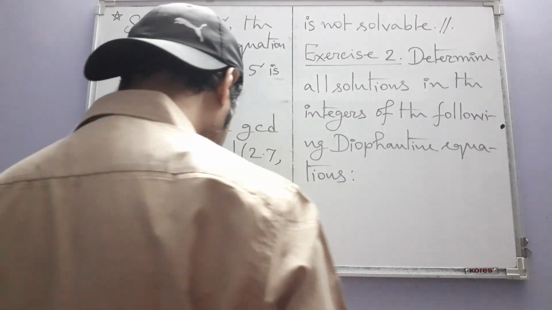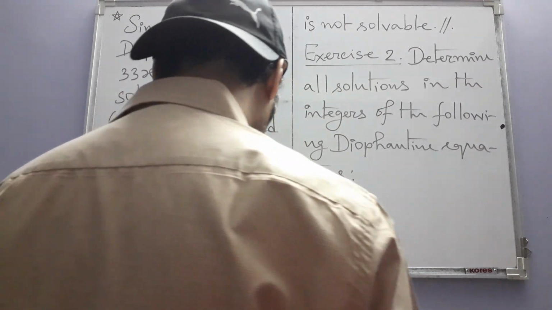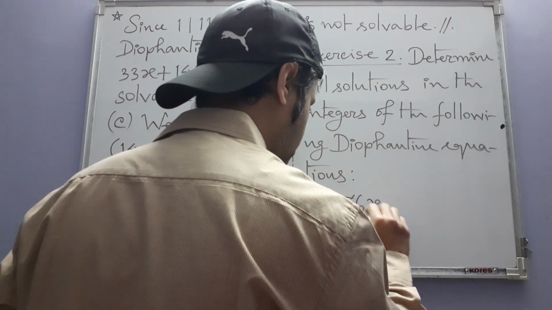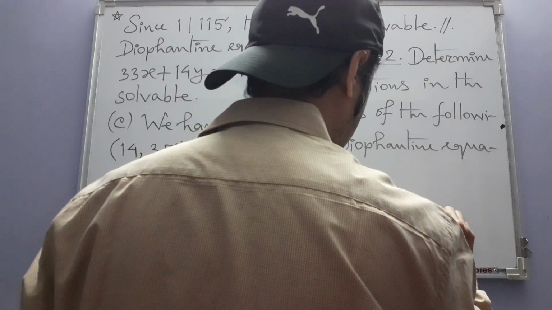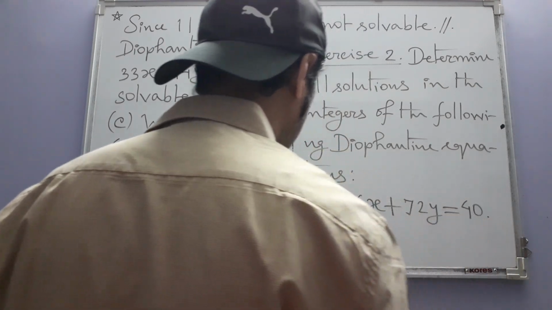Here also 3 equations are given. The first one is 56x plus 72y equal to 40.